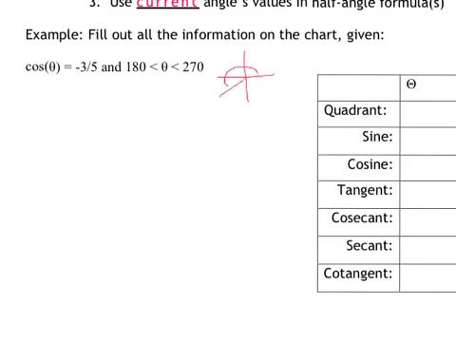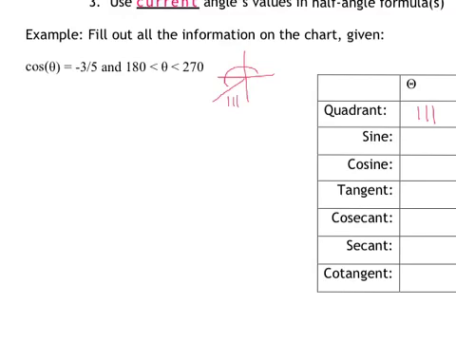somewhere in here, I don't know exactly where, but that's certainly a quadrant 3 angle. And I can tell you quadrant 3 angles, whether their sines are positive or negative, whether their tangents are positive or negative, and so on.